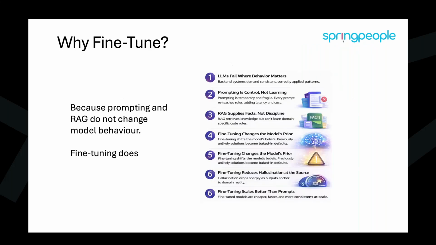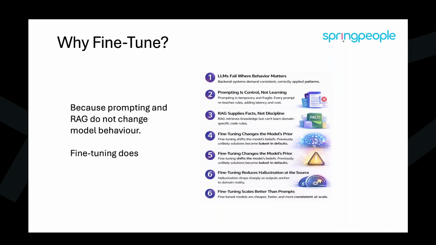Okay, so just getting a little into the basics. Why do we need to fine tune? Basically three reasons. Prompting doesn't solve what we intend to, while RAG, retrieval augmented generation, does not change model behavior.